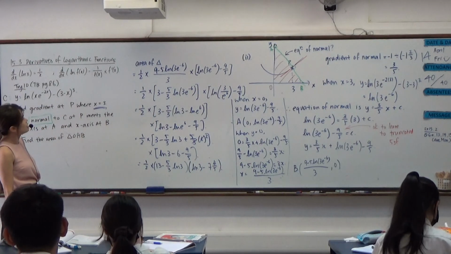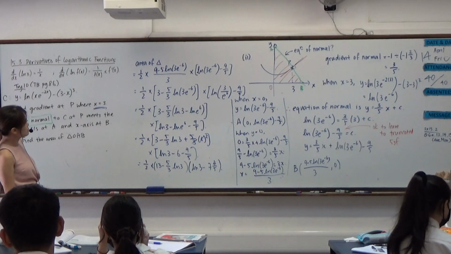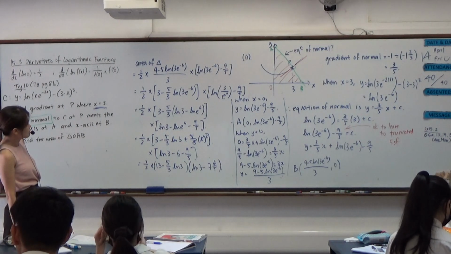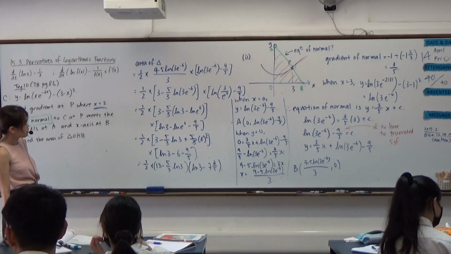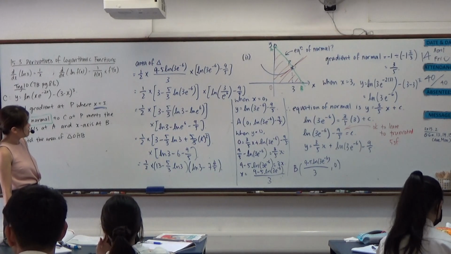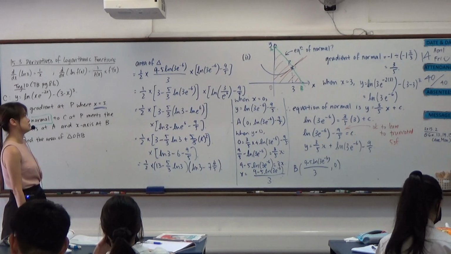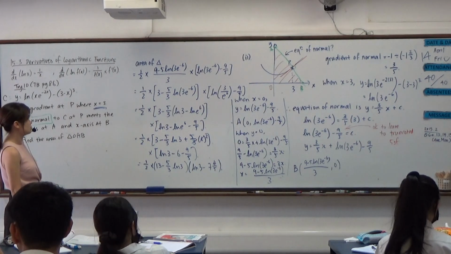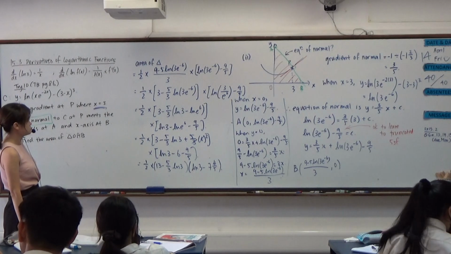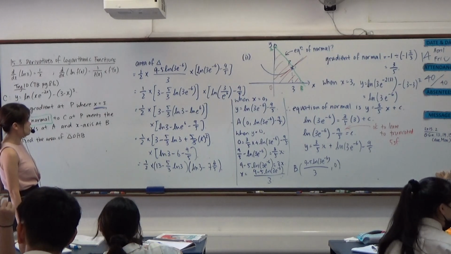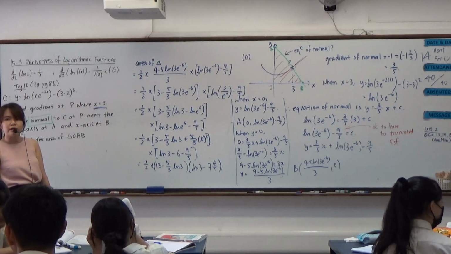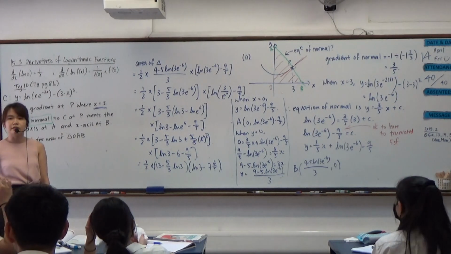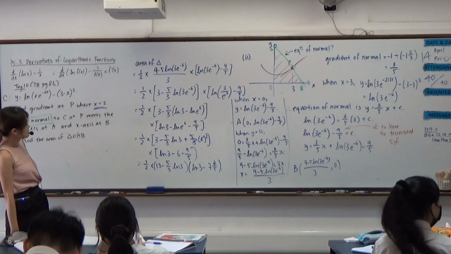Nine divided by 3, right? 3 minus, minus 3 minus 3. Did I make a mistake somewhere? Somehow my answer is negative. It's correct. Negative is correct.